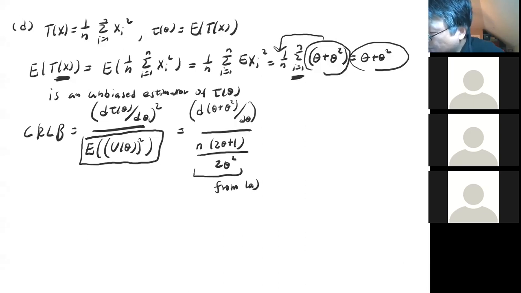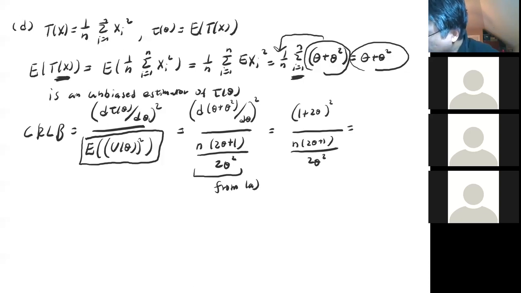Don't forget about taking the square. So that means n times 2 theta plus 1 divided by 2 theta squared. Then this one is 1 plus 2 theta, then taking the square. You do see that this could cancel out one theta with 1 plus 2 theta. And then eventually, I think 2 theta squared, divided by n times 1 plus 2 theta.